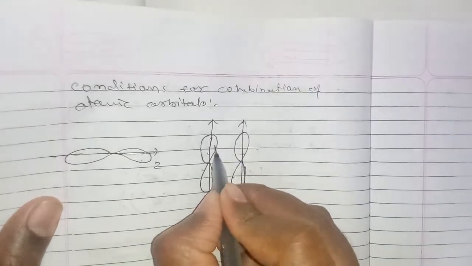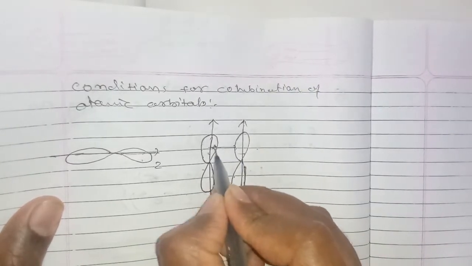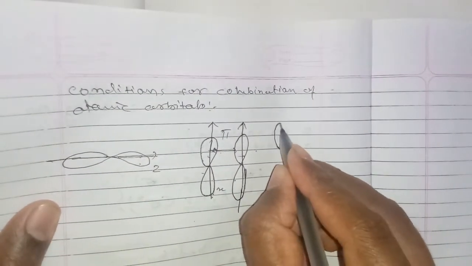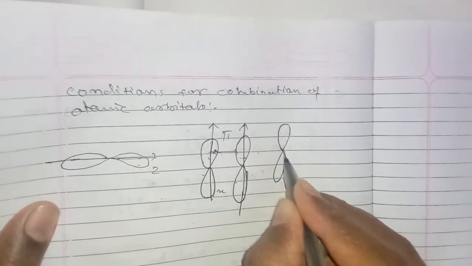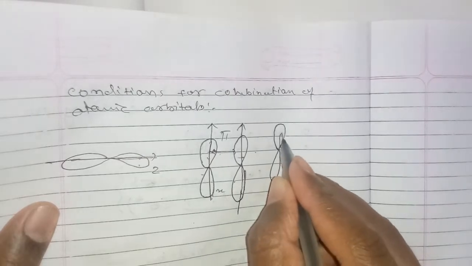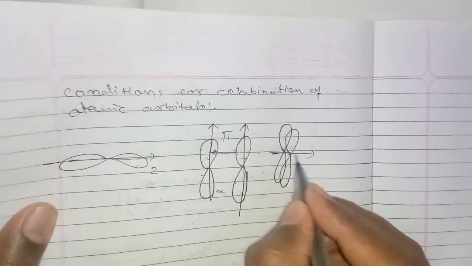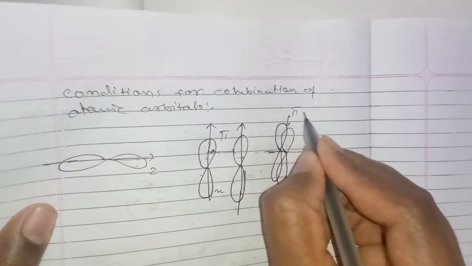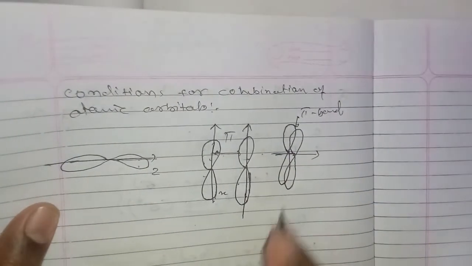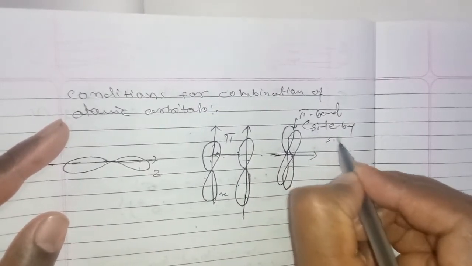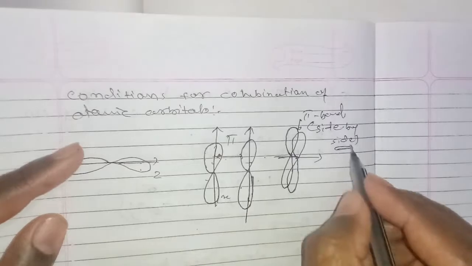If sidewise overlapping, they form a pi bond. Here the two atomic orbitals are overlapping each other and they form a pi bond, with sidewise or side by side overlapping.